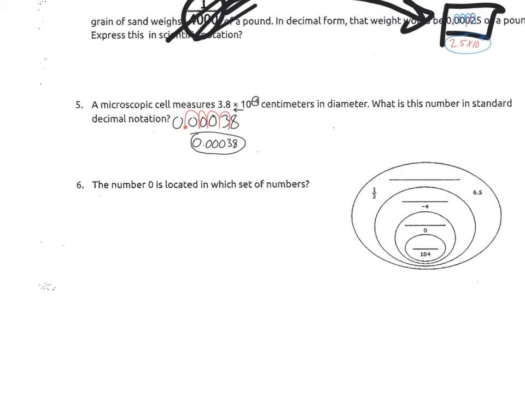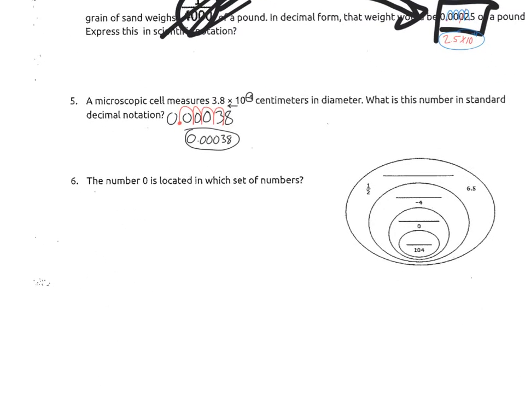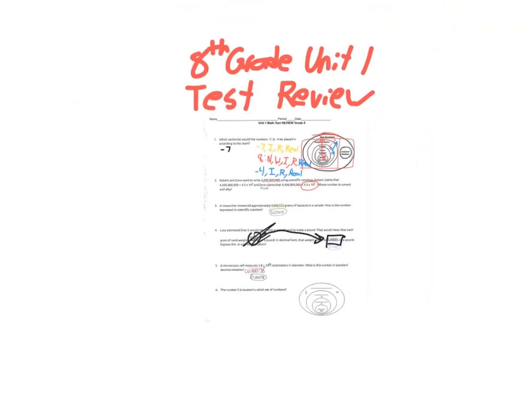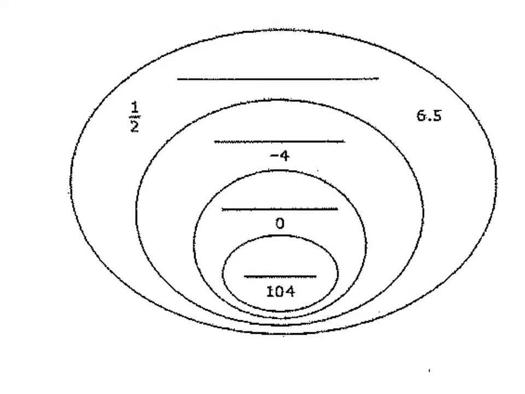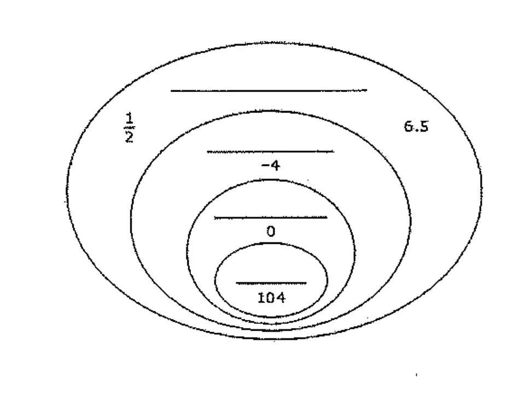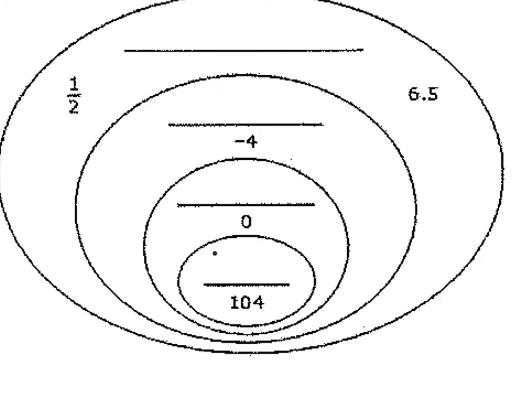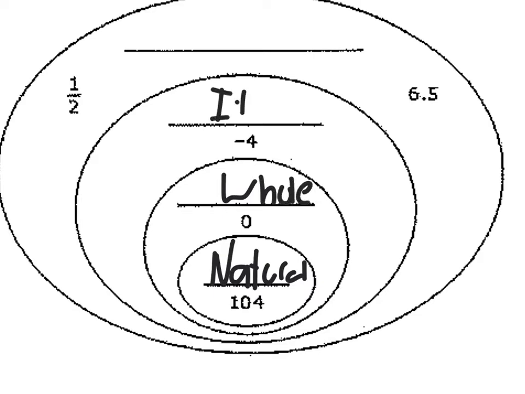Alright, number 6. It says the number 0 is located in which set of numbers? You can always go back and use the other chart if you need it, but I'm pretty sure... Oh, we've actually had this labeled already, okay? So remember that here on the inside, these are our counting or naturals, whole, integer. Oh, I'm not really sure what I'm writing there. I'm going to write over top of it.